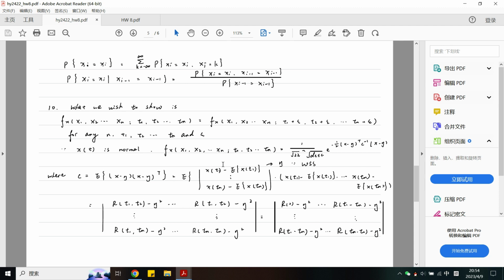So we can get the formula of f_X(x1, x2, ..., xn; t1, t2, ..., tn), which is the reciprocal of the root of 2 pi times the root of the determinant of C, and then times e to the power of negative 0.5 times (x minus eta) transpose, and the reciprocal of C times (x minus eta).